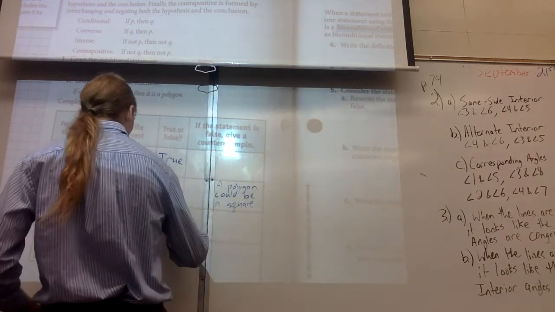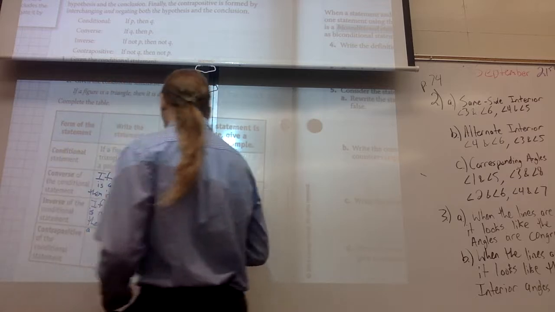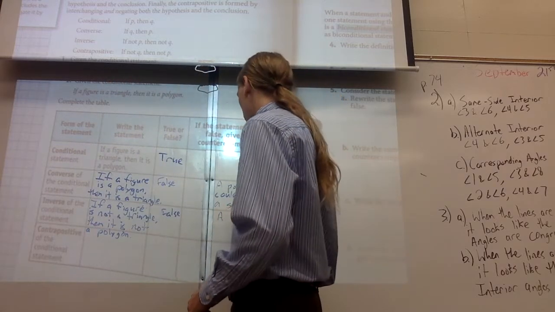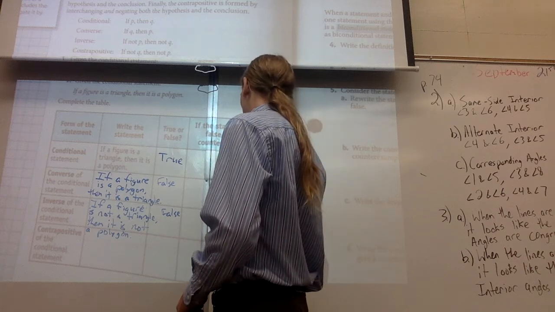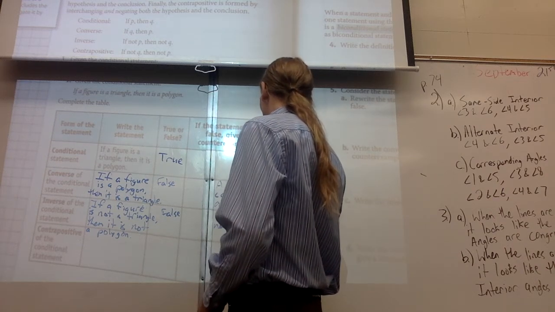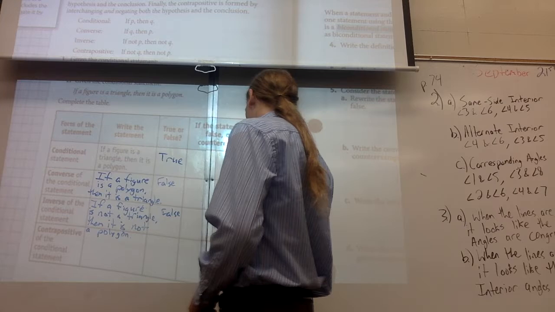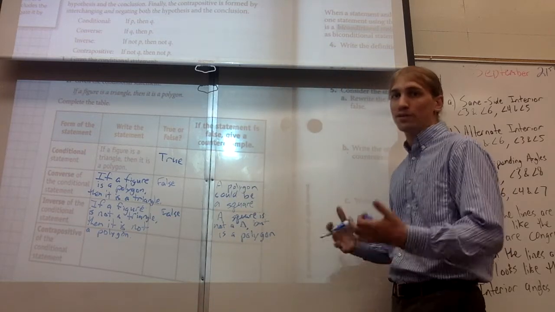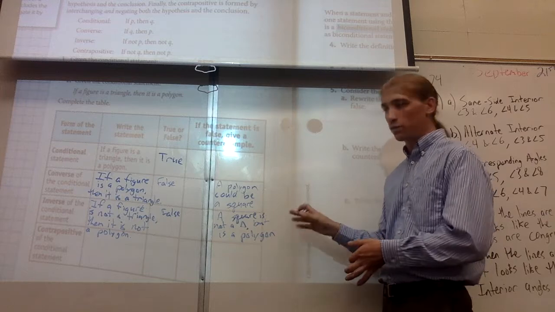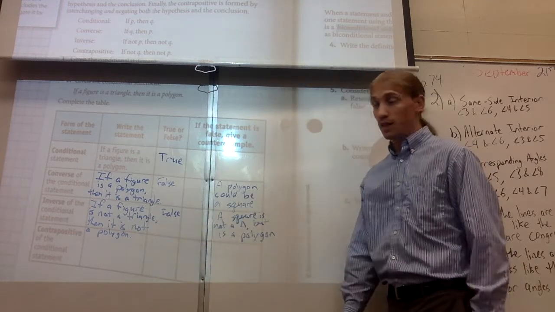So this is a false statement. And we would say a square is not a triangle, but is a polygon. Okay, a square is not a triangle, but it is a polygon, so it's a counterexample to this statement.